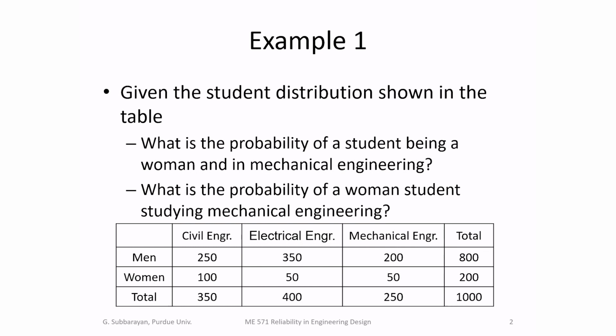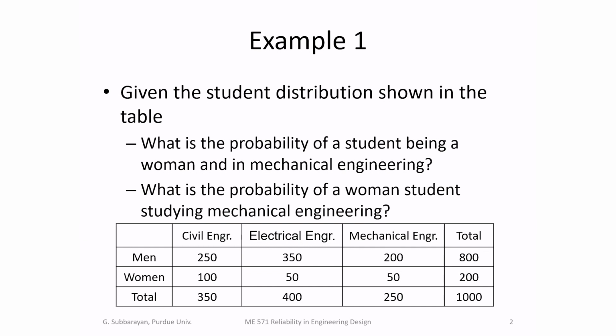So the first question is woman and in mechanical engineering. So the emphasis on "and" is important here. And here, what's the probability of a woman student studying mechanical engineering? So in the second statement, we are given that the student is a woman, and we are asking the question, what's the probability that such a student would be studying mechanical engineering?